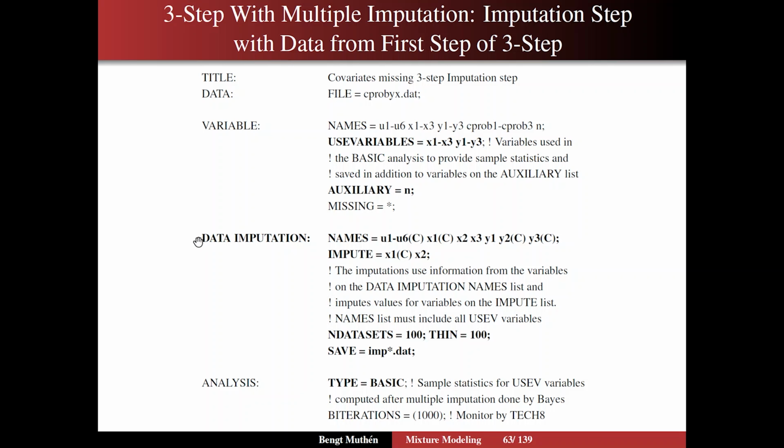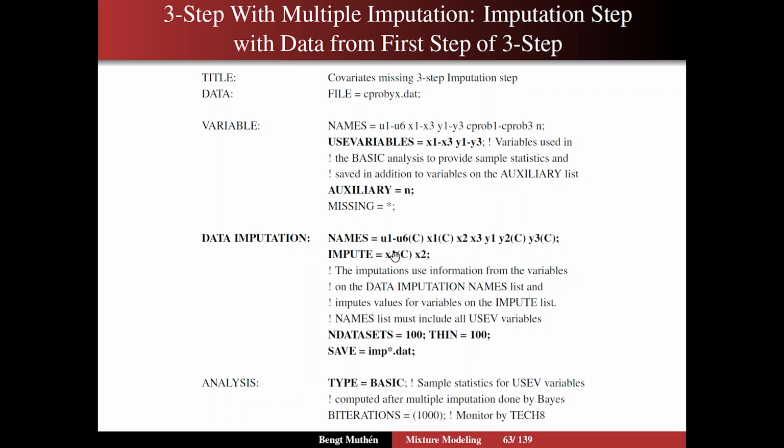So now we do the data imputation step here, and we have a NAMES statement and an IMPUTE statement, and this is new to version 9 of Mplus. The imputations use information from the variables on the data imputation names list. So these are the variables that contribute information to imputing, and IMPUTE, that option, concerns imputing values for variables on that list.